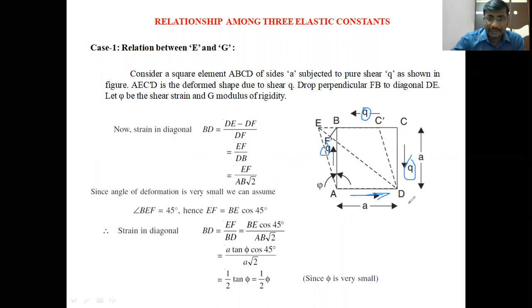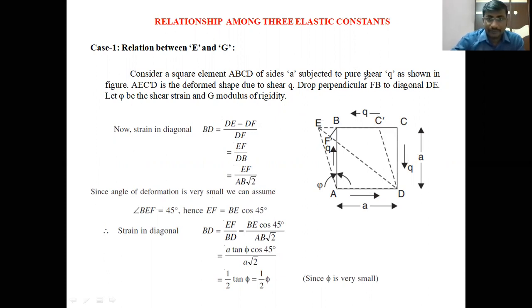On AB and CD we have clockwise shear stress. On the surfaces AD and CB, anticlockwise shear stresses are automatically developed. These are called the complementary shear stresses. When we apply the shear force on two surfaces, the shear force on the perpendicular surfaces automatically develops, resisting the material against rotation.